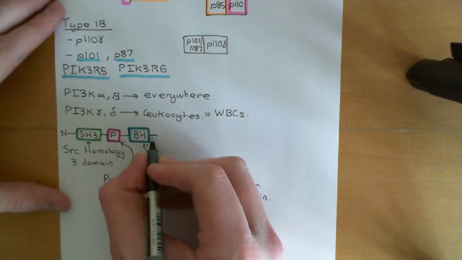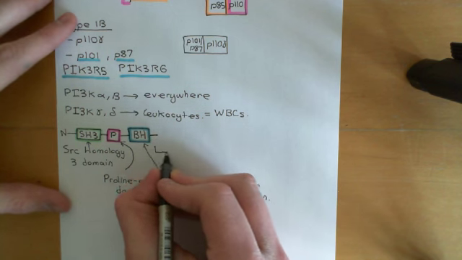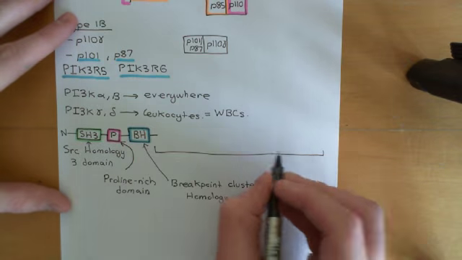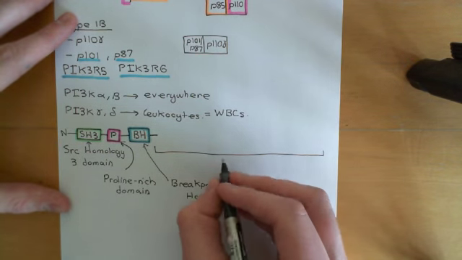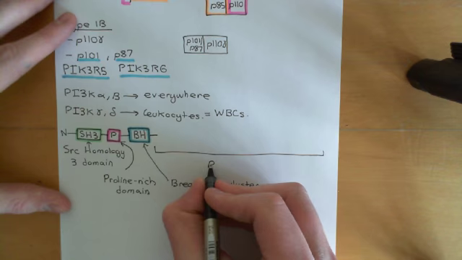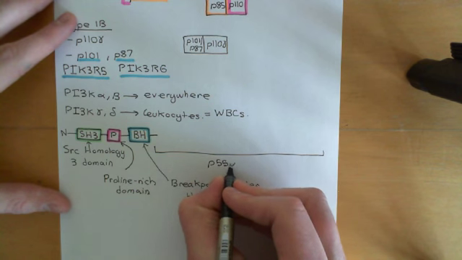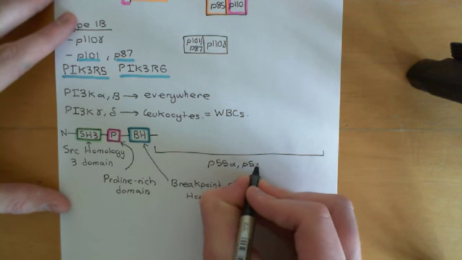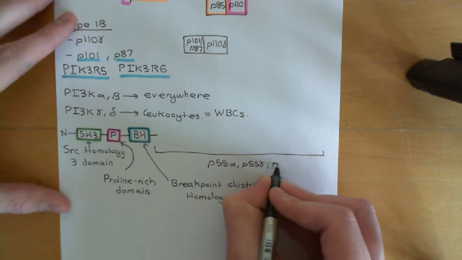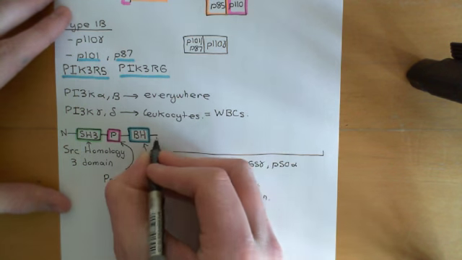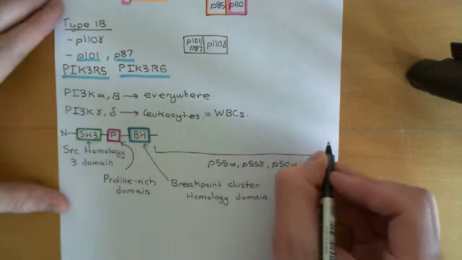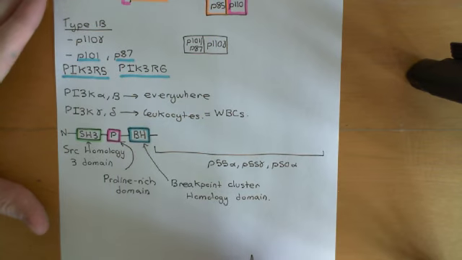Okay, so if we were talking about one of the smaller ones, such as P55 alpha, P55 gamma, or P50 alpha, they would start now. They'd have their amino terminus here, and they'd have all of the bits that I'm about to tell you about.